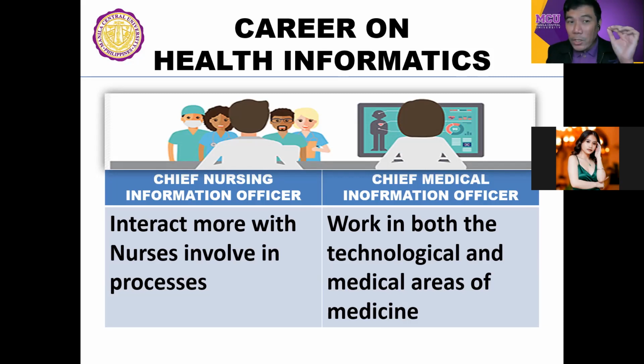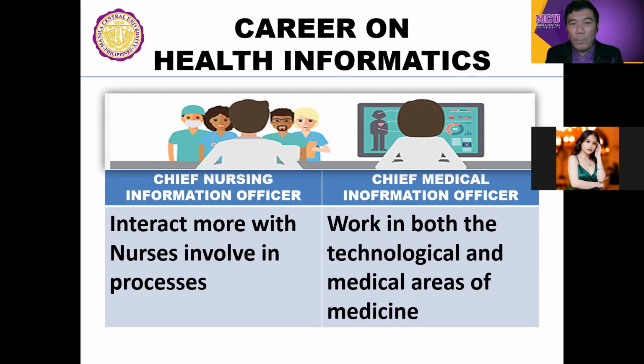Now, if you are the chief nursing information officer, you cover all the responsibilities of each services in the hospital related to processing of information and using the hospital platform to have this information process safely and protected ang patient. How about the chief medical information officer?